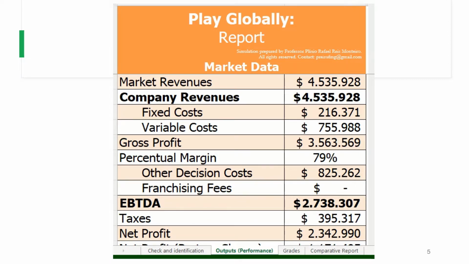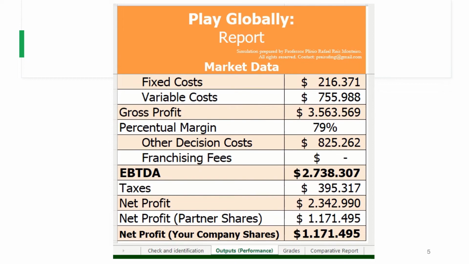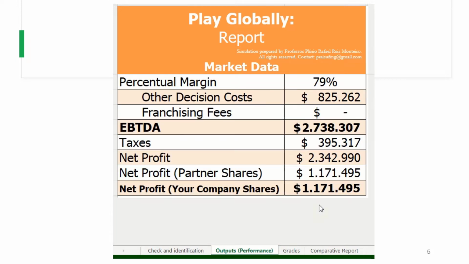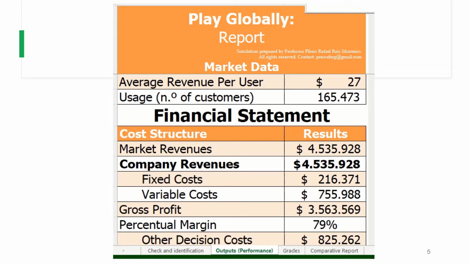And then I also need to pay for taxes, so I pay this amount of money in taxes. This is the net profit of my business, and since I'm using a joint venture, I need to share half of this profit with my partner, so my actual profit is this one. So this is the result that you achieved in terms of market and finance.